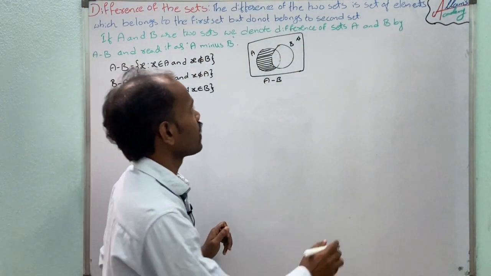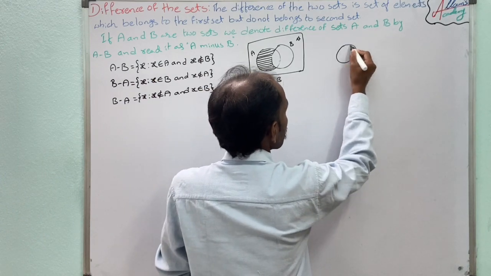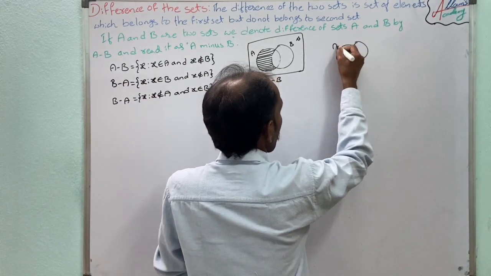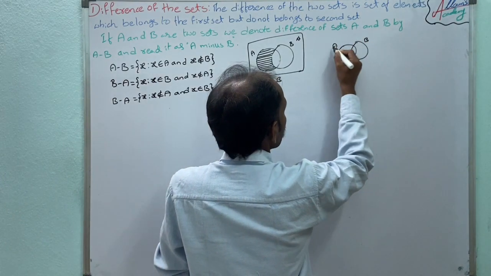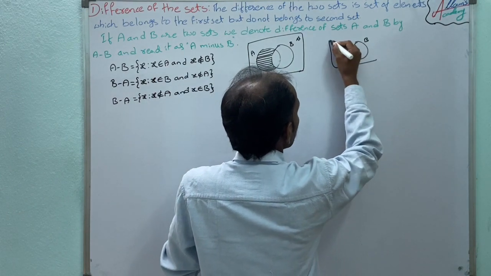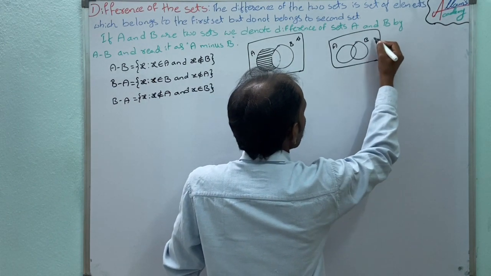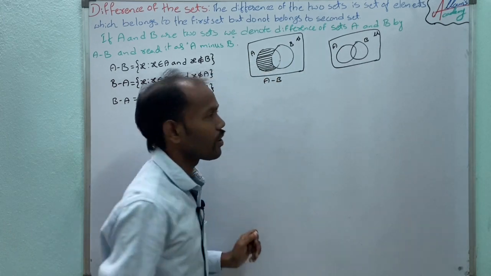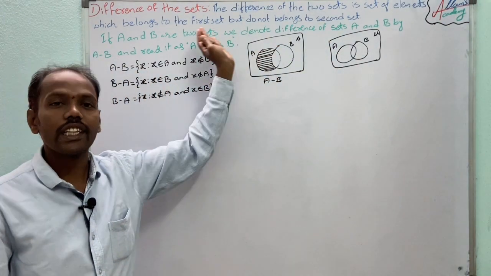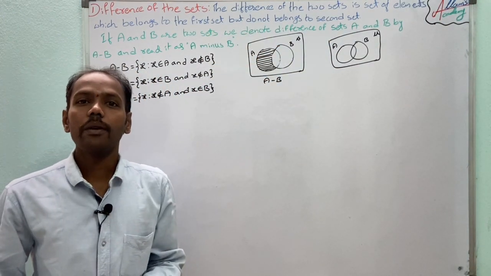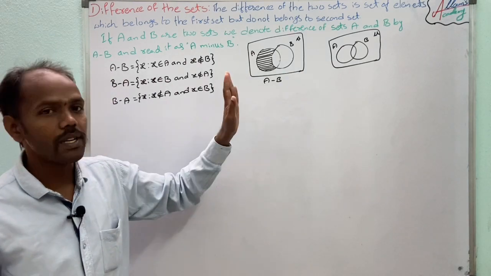Now we observe the Venn diagram of B minus A. Here, as we already said, only the elements of the first set belong, not the second set.